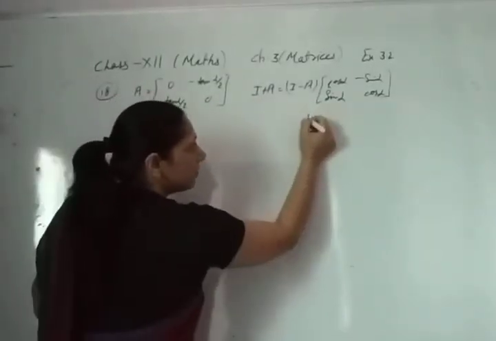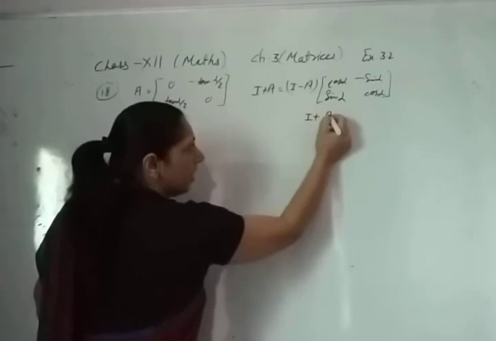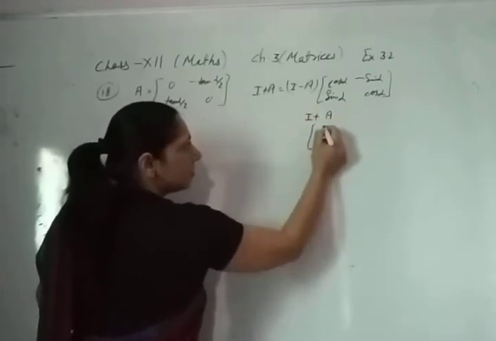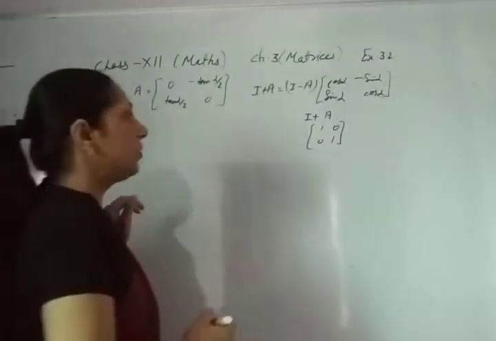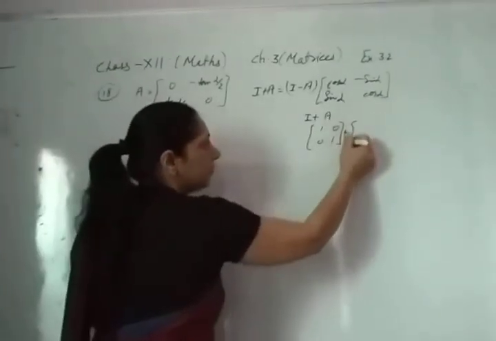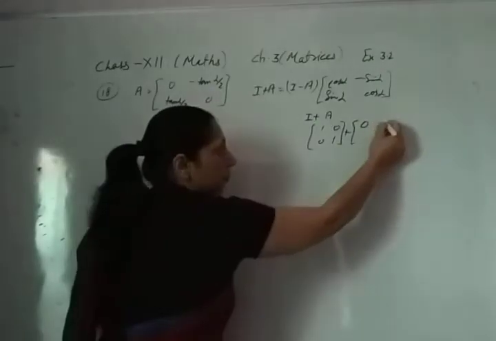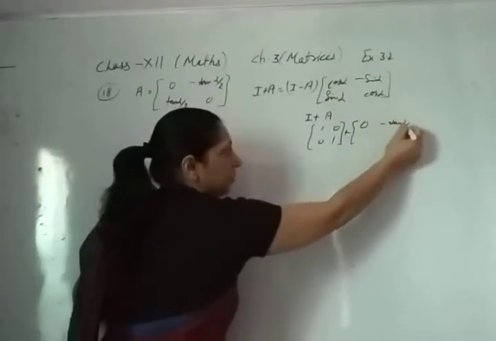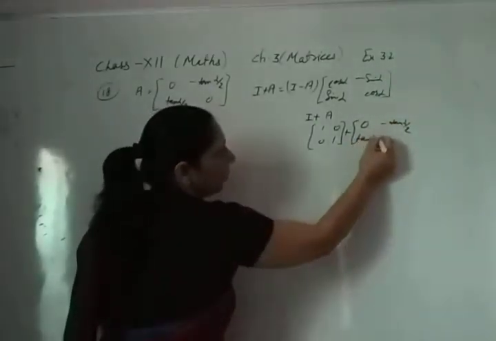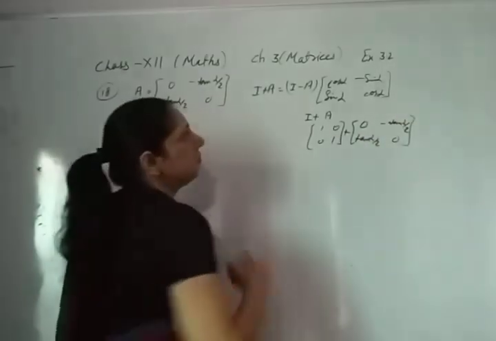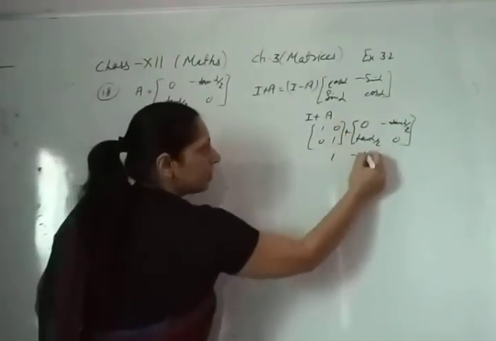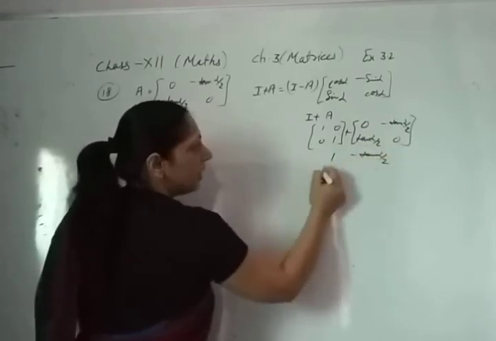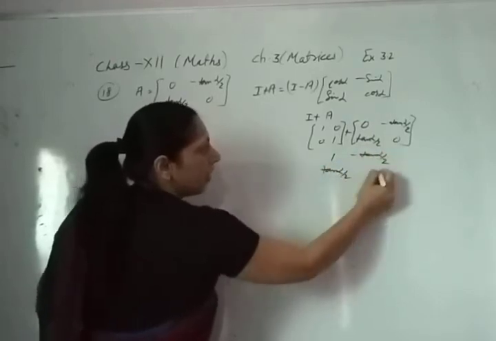Left hand side is I plus A. It means I is 1 0 0 1, identity matrix of 2 by 2, plus A is 0 minus 10 alpha by 2, 10 alpha by 2, and 0. So add this, so it's 1 minus 10 alpha by 2, 10 alpha by 2, and 1.